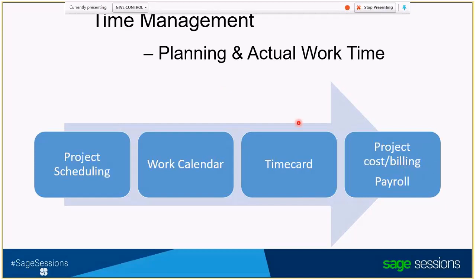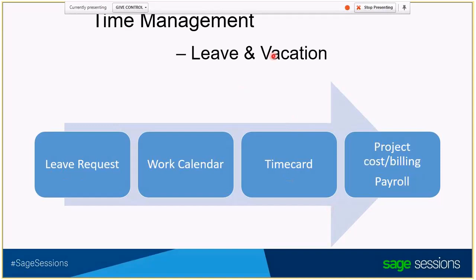Okay, that's the timesheet. And it also provides a leave and vacation management function. Leave request: the approved leave request will update the work calendar. Okay, then it goes to the time card to give the leave.